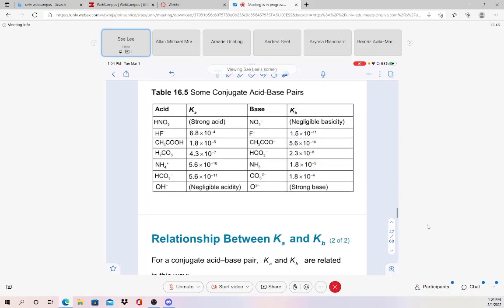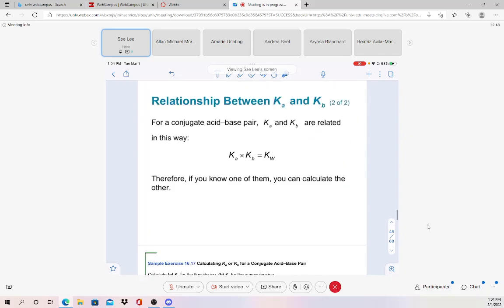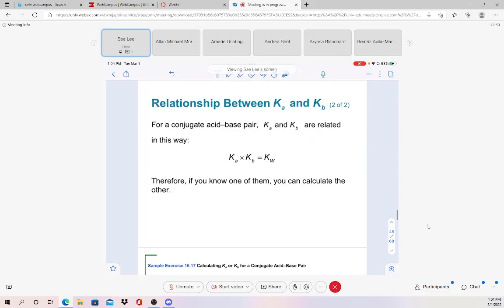We've learned about Ka and Kb, and the product of Ka and Kb for a conjugate acid-base pair is actually the equilibrium constant for water. This is only true for a conjugate acid-base pair.